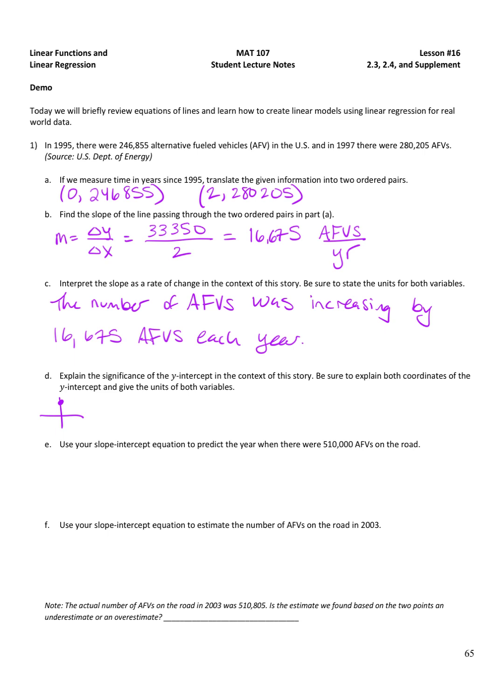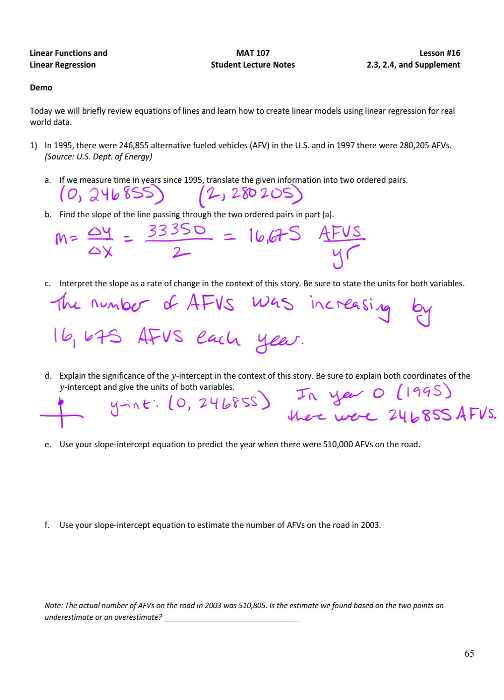So my y-intercept is 0, comma, 246,855. Okay, and to interpret it in the context of the story, we would say in year 0, which is 1995, there were 246,855 AFVs.